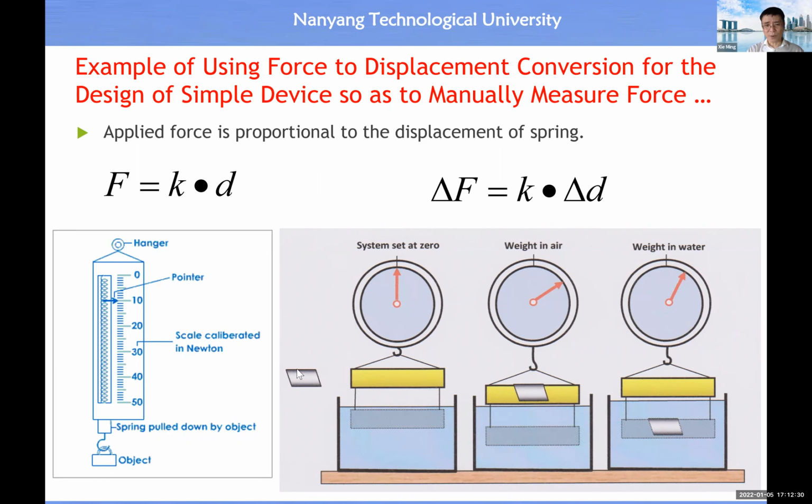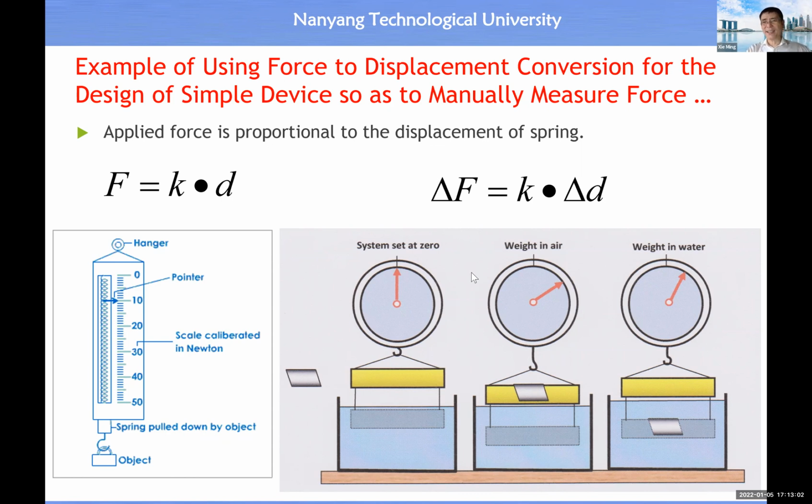When this is in the air, it will not produce a buoyant force. Once you put it inside here, this object will also expel the liquid. The buoyant force is equal to the weight of the water or liquid of the same volume as this object, right? So then the buoyant force will appear. Then you see there's a variation in the elastic force, right?